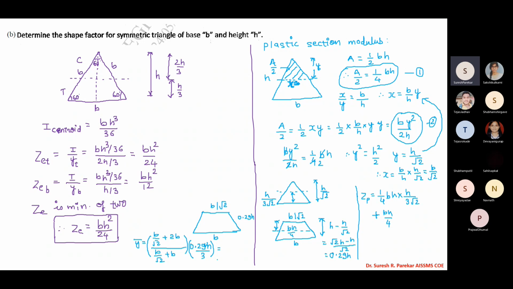So 1 divided by root 2 plus 2 divided by 1 plus 1 by root 2, into 0.29 divided by 3. I got 0.153.